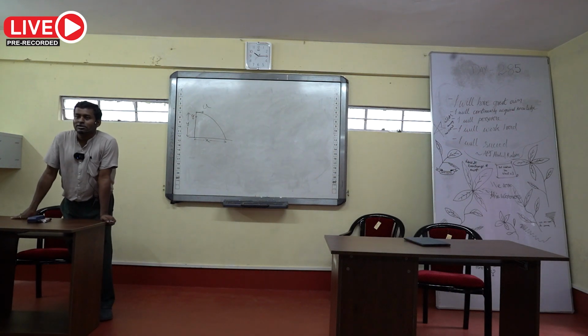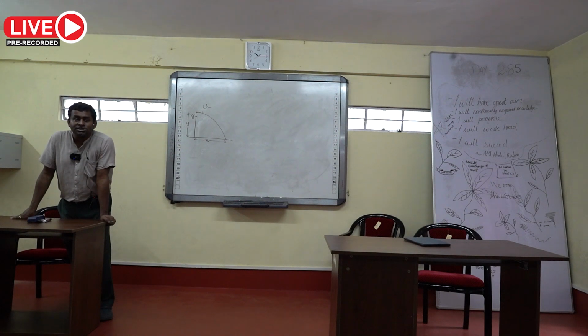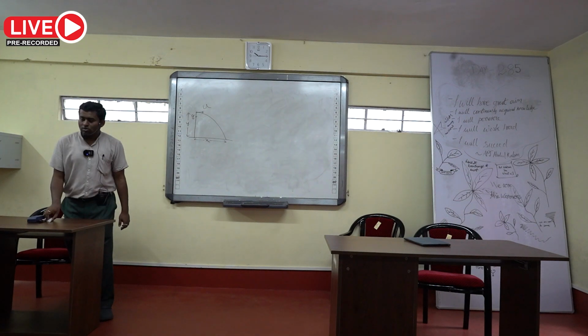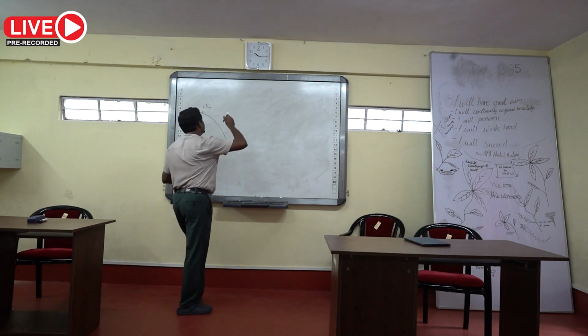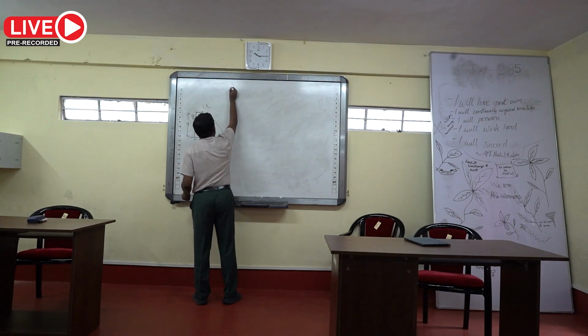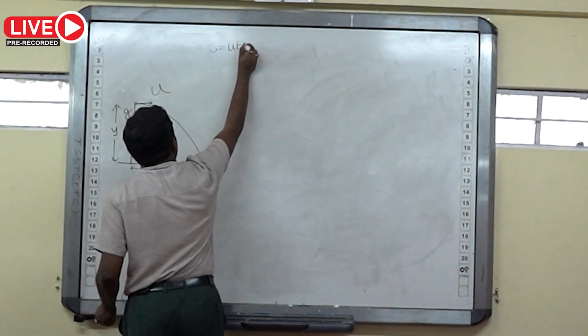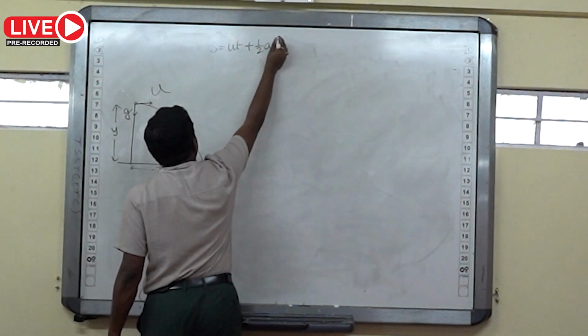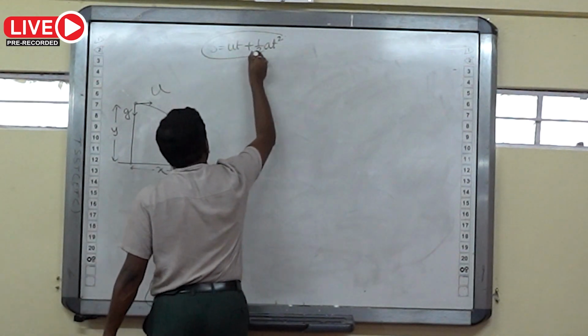Nothing. Is there any acceleration in downward direction? Means vertically? Yes, that is g. So I will write this equation. I only use this equation, s equal to ut plus half at square, and this equation is restricted for one dimensional motion.